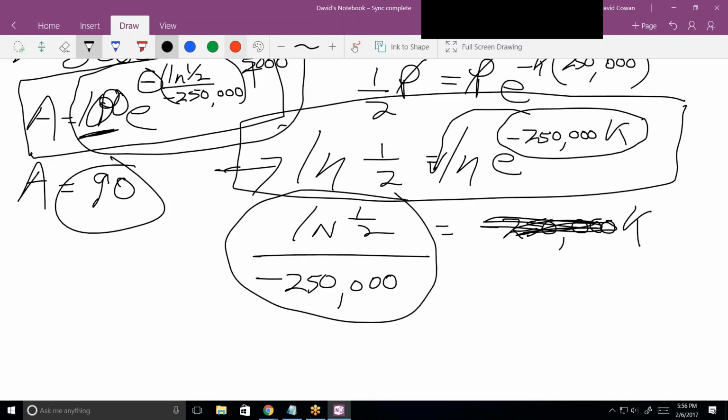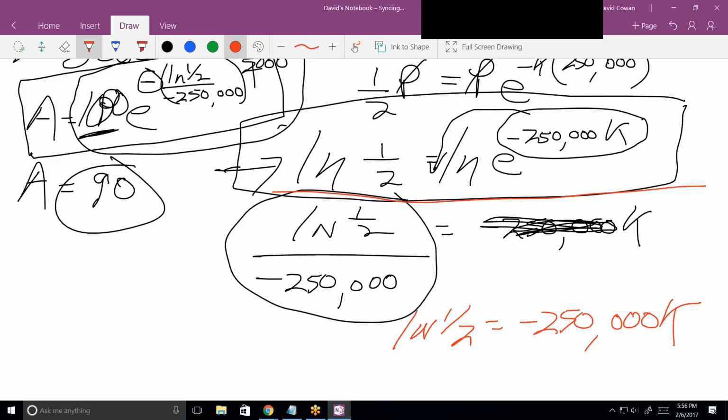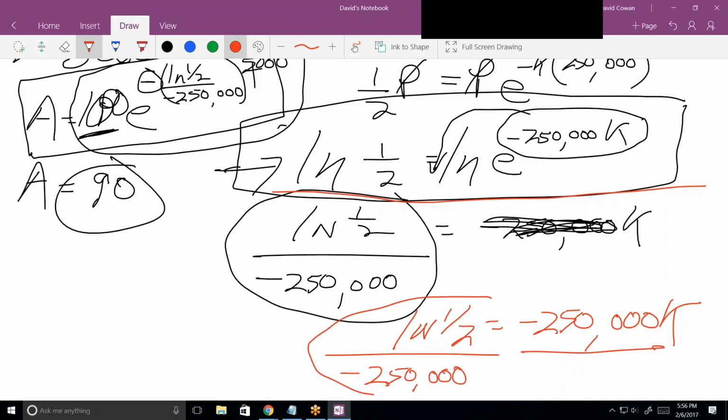Start from right here. Okay. Now, once we've taken the natural log of both sides, we get natural log of 1/2 equals minus 250,000 k. Now we divide by its coefficient. That's minus 250,000. Now that gives you a positive number, what I just circled. Now we're going to put that positive number in for k.